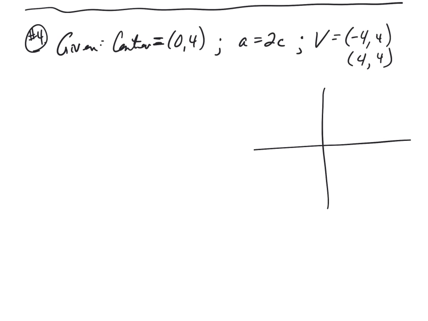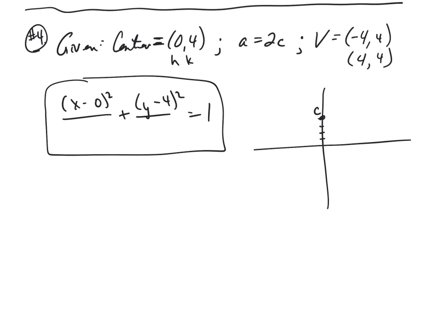So the center is at 0, 4, so stay in the middle, go up 4. So there's our center. And of course, what that allows you to do right away is replace h and k with those two numbers. So we'd have 0 for h and 4 for k. So again, we have that part of it right off the bat.